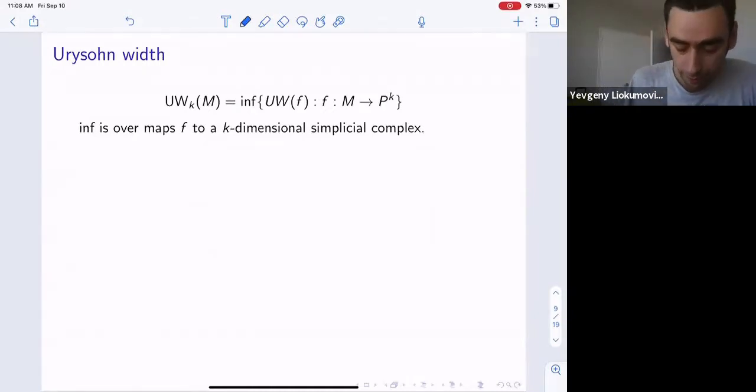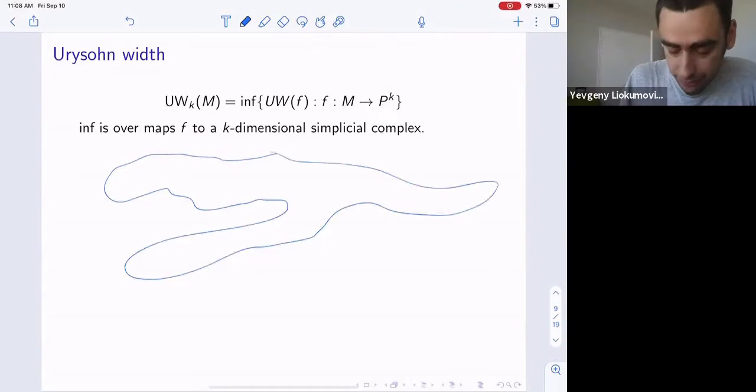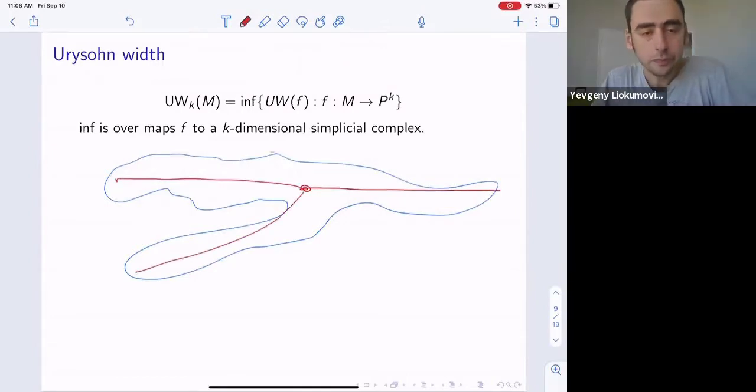So if somehow our metric space can be mapped into a k-dimensional simplicial complex continuously, such that the fibers have small diameters, then it's in some sense k-dimensional, well approximated by a k-dimensional space.